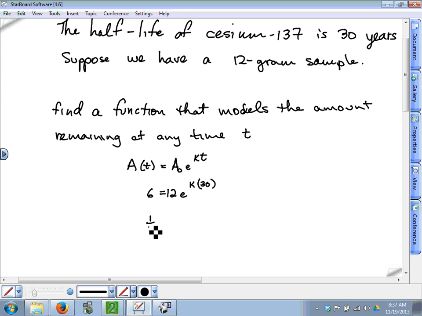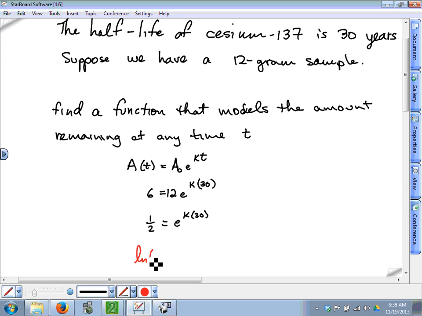Divide by 12 and we get 1/2 is equal to e to the k times 30. Because if we allow a full 30 years to pass, that's one full half-life, so 12 grams would have been reduced to 6. Got a 1/2 on one side. Does that answer your question? Okay. And then we divide it by 12 to get that 1/2.